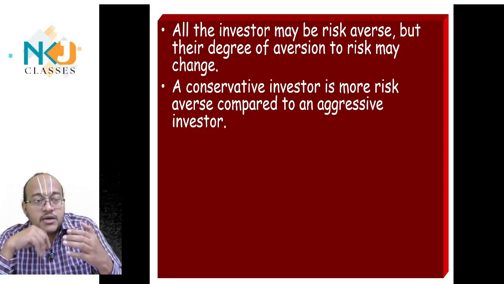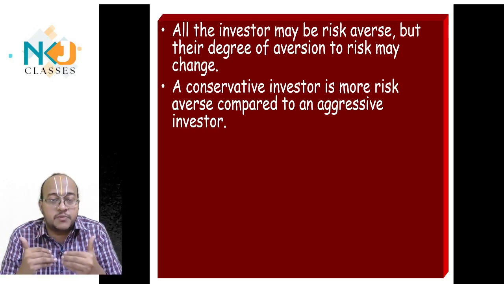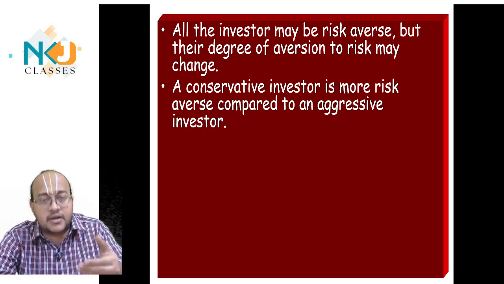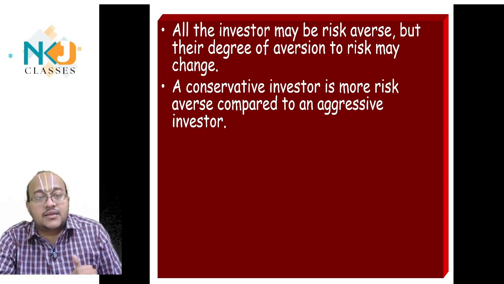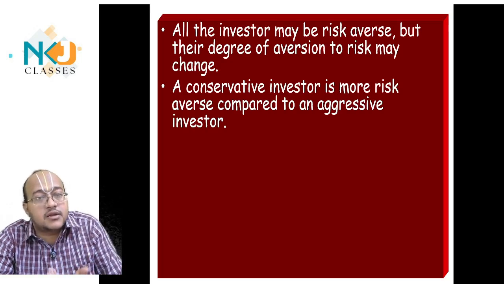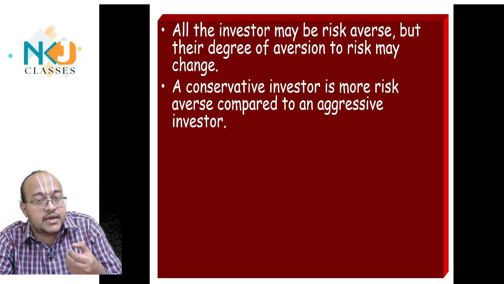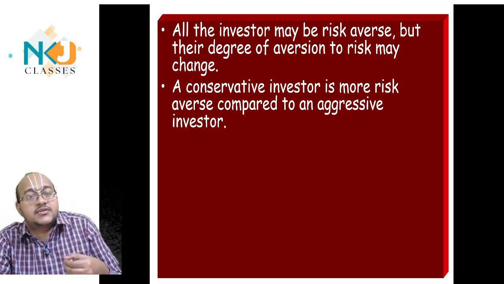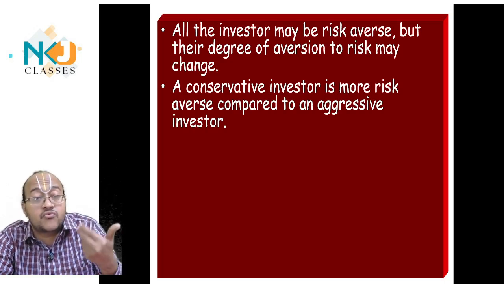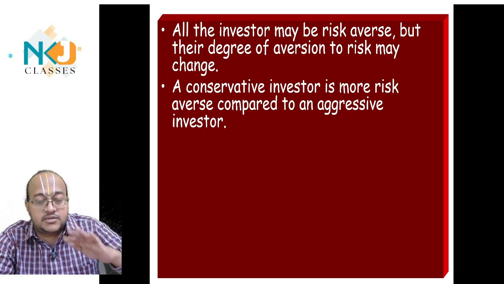A conservative investor will be a little more conservative, which means he will expect more return for taking a little higher risk than the aggressive investor. An aggressive investor will see the return angle, and for a lesser amount of return, he will take higher risk. Are you understanding?